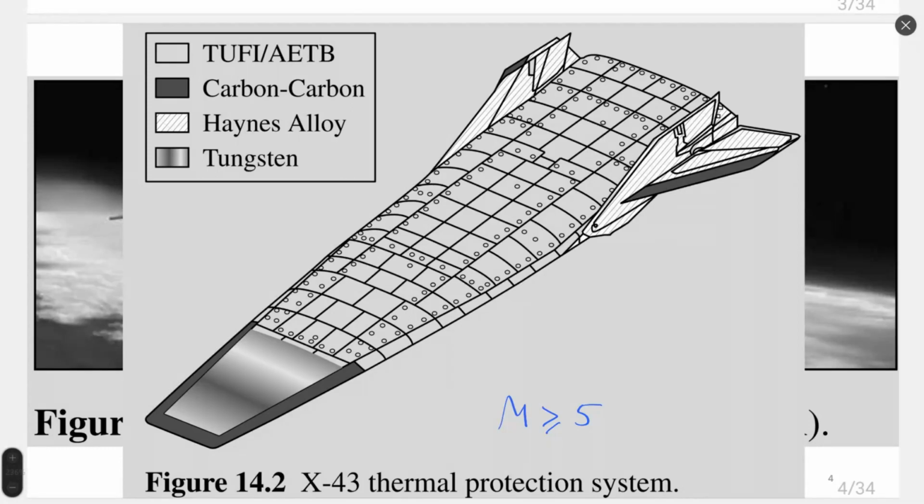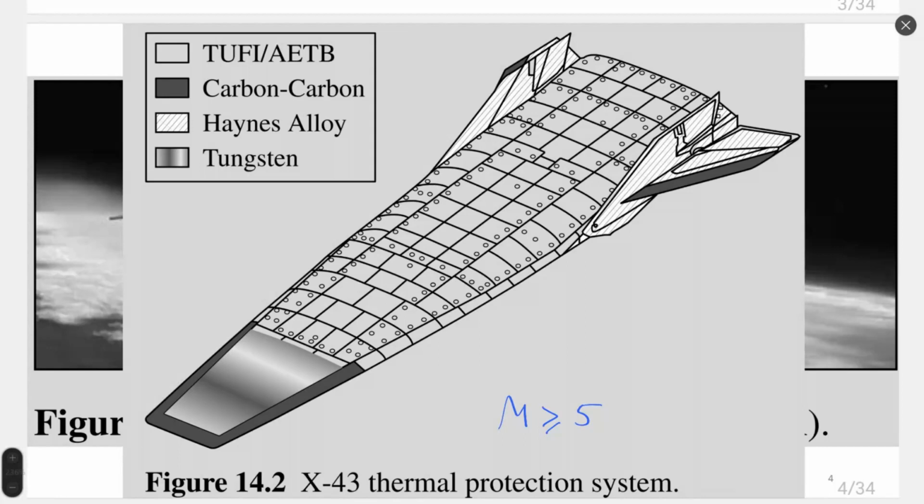Here on figure 2, we have some surfaces covered by carbon-carbon. The most responsible carbon-carbon is a composite carbon with very good thermal properties. It is a material made only of carbon with a special structure, which is also quite resistant to mechanical loads.